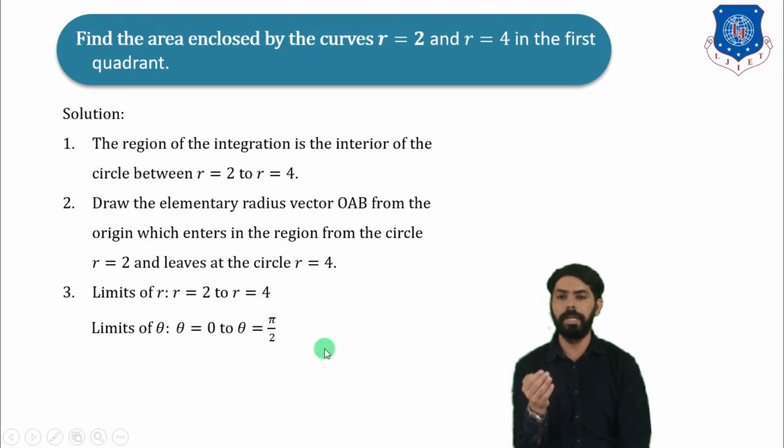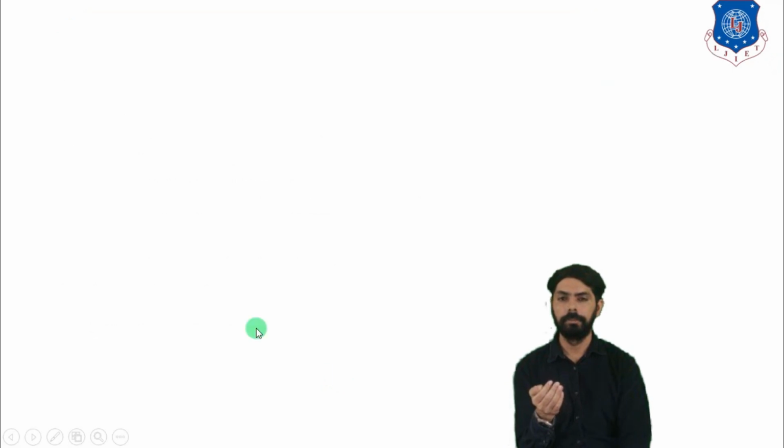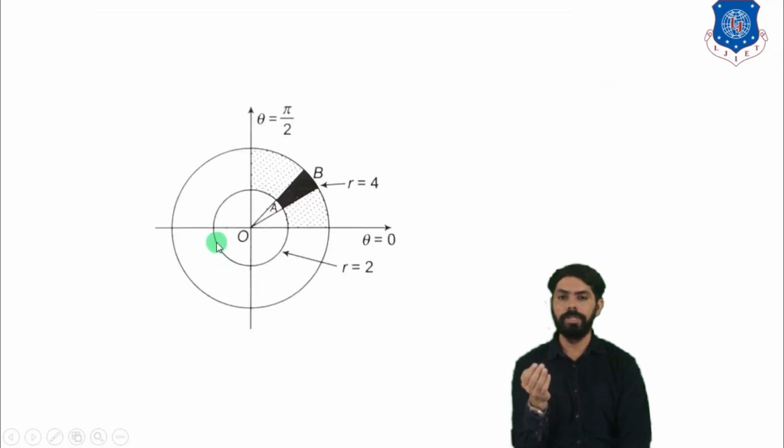Now here we will understand these limits with the help of diagram. So you can see in the diagram, this is r equal to 2 circle and this is r equal to 4 circle. Here center is origin. So here we will have to find area enclosed by r equal to 2 and r equal to 4 and in the first quadrant.